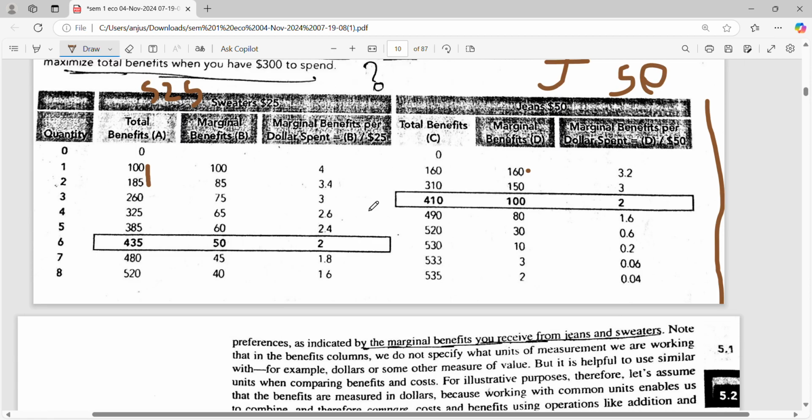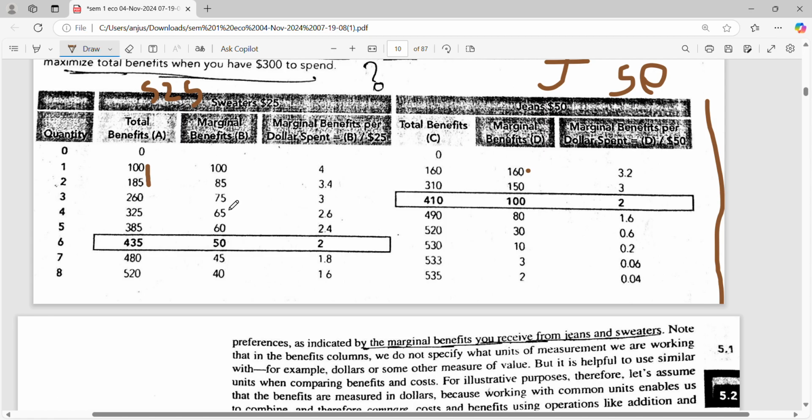Here you can see, first you buy a sweater, which gives you 100 marginal benefit, whereas here it is 160, so you skip buying jeans for now. Second, you also buy a sweater, for which you get 85 marginal benefit, whereas here it is 150.